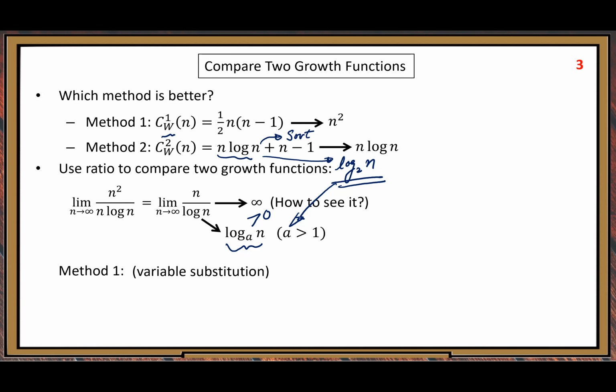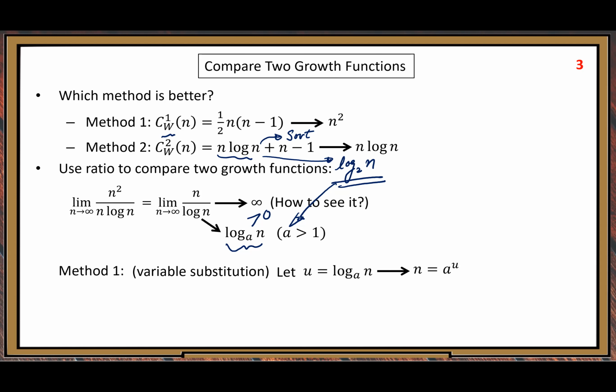For method one, we do some variable substitution, because we feel we cannot see the log clearly, and we want to avoid that log. We introduce a new variable called u, where u equals the log function, log base a of n.